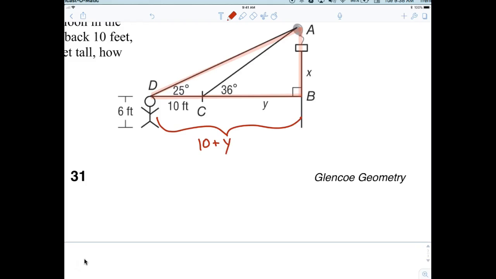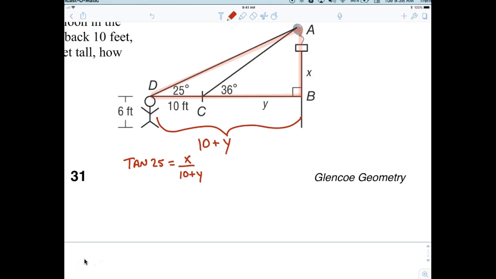It is 10 plus y. Did I agree with that? So we can say now, and here you got to listen, tangent of 25 is equal to x over 10 plus y. Everybody good with me so far? I'm just asking you if you agree with that.